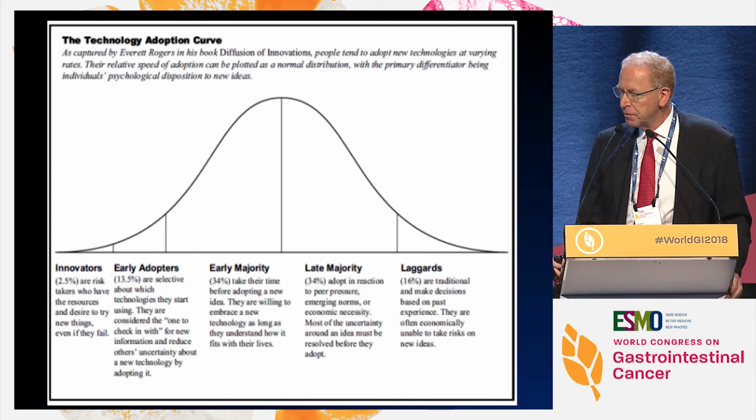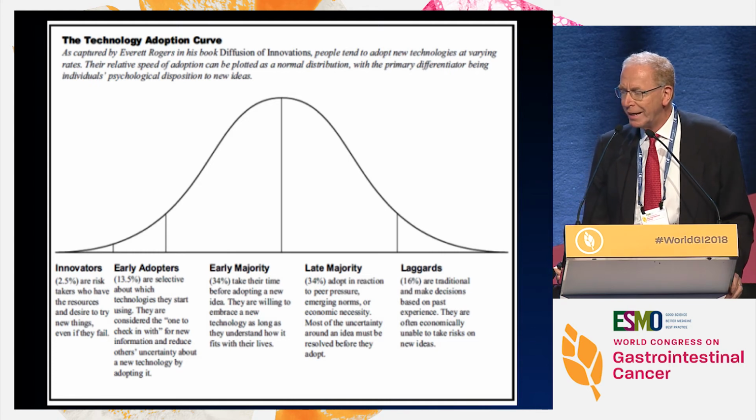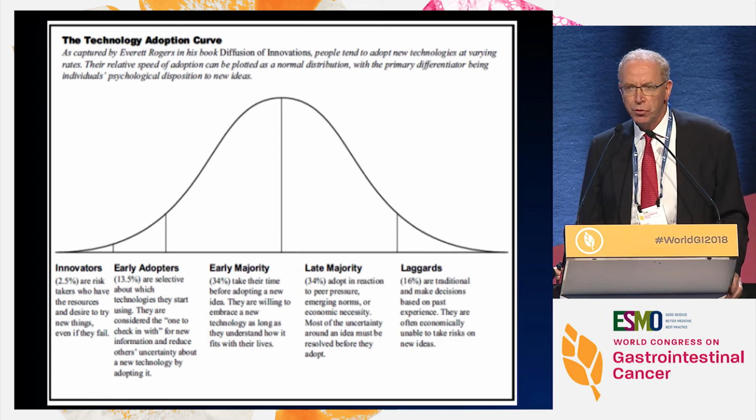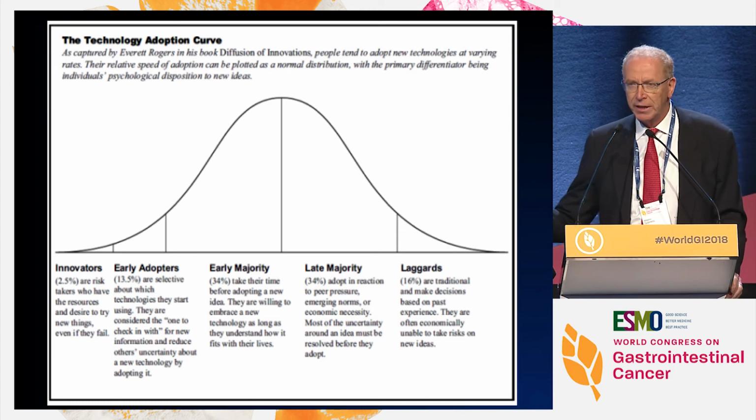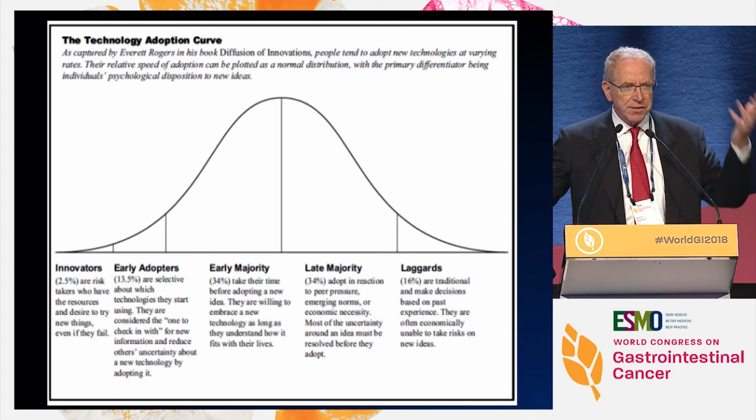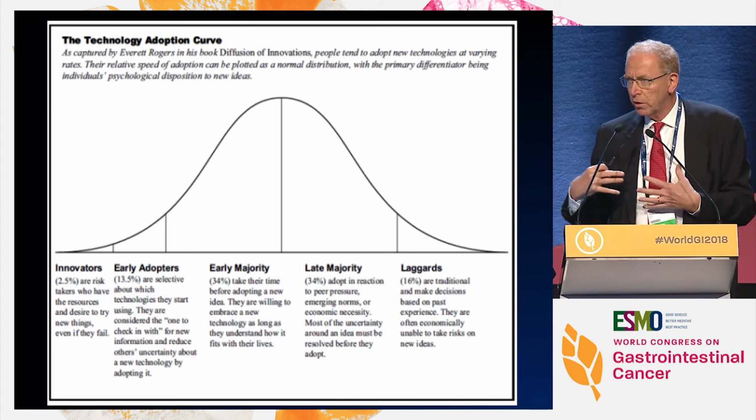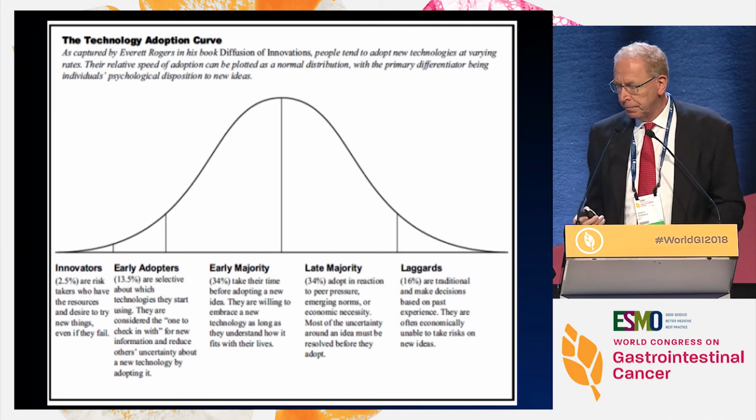Their relative speed of adoption can be plotted as a normal distribution, with the primary differentiator being individual psychological disposition to new ideas, so that you have the innovators, the early adopters, the early majority, the late majority, and the laggards. And again, there is nothing wrong with this. This is how we are made.